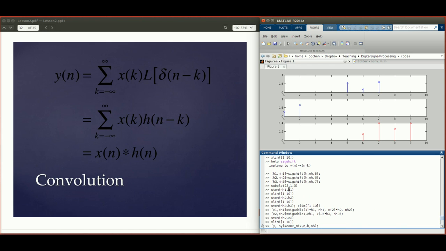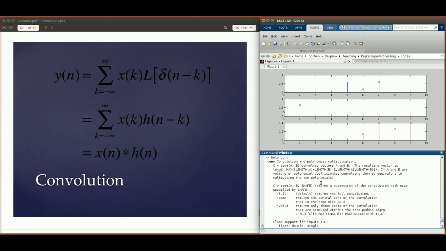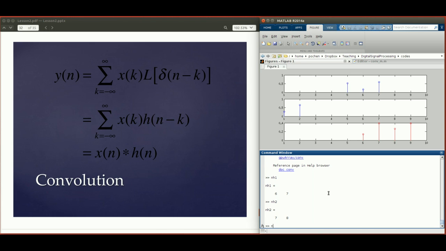And what about h3? h3 is h shifted by 7, so the starting index is 1 plus 7, that's 8, and the ending index is 2 plus 7, that's 9. If you don't believe it, you can look at nh3, that's 8 to 9. The output is a superposition of those 3 shifted impulse responses with some weights, so if you add them together, it's going to have a range that goes from 6 to 9.